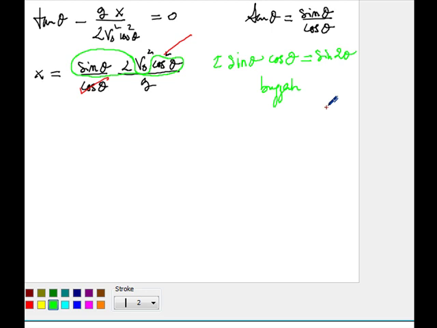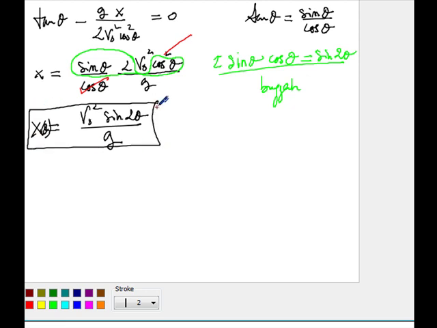That's the reason for this trick. Again, you don't have to use that trick, but you will see that if you don't, the algebra will be a bit more complicated because you'll have to use the chain rule and so on. So here we end up with v naught squared sine 2 theta divided by g, which is nice and pretty. And that's my x as a function of theta.